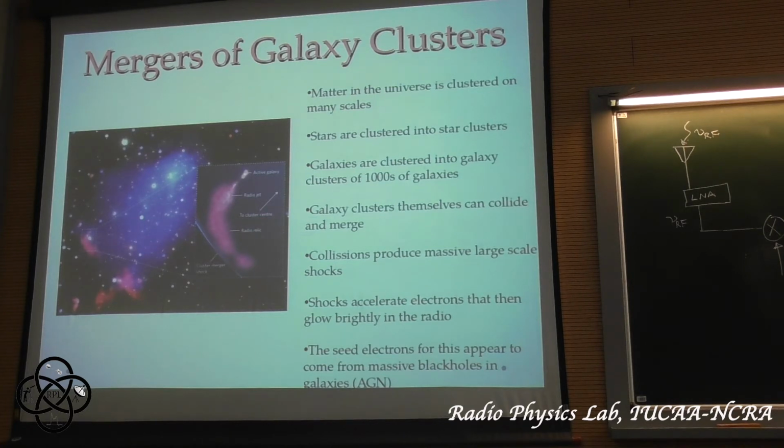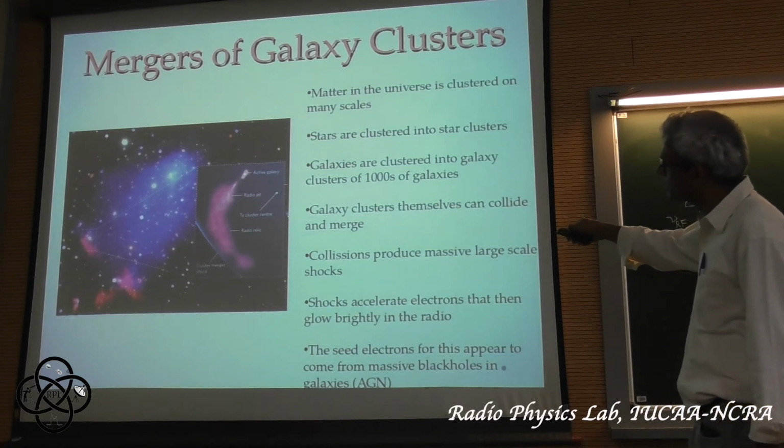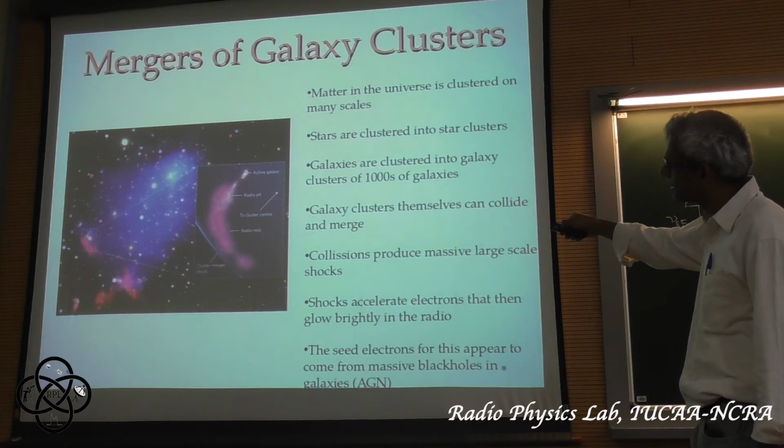And so the explanation is that there is an active galaxy at this end, which contains a supermassive black hole in which the material is accelerated to supersonic speeds, to speeds close to the speed of light. So you have these very fast moving charged particles coming out of it.